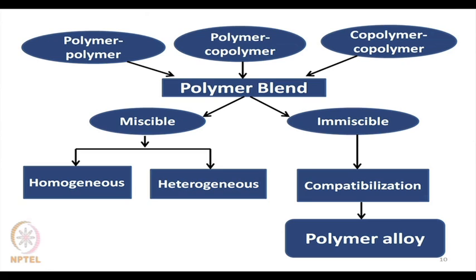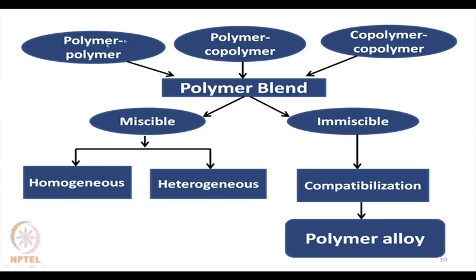Again, we can view polymer blends in different ways. We can have a homopolymer blend. We can have a blend of polymer and copolymer. We can have a blend of copolymer with a copolymer.